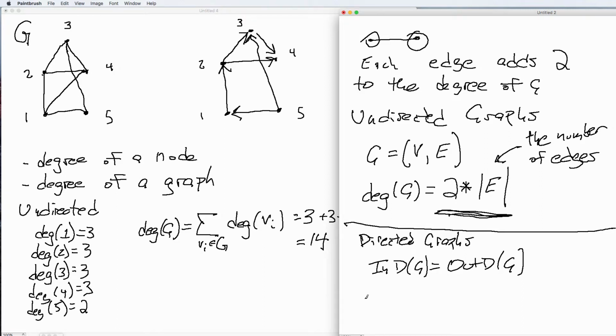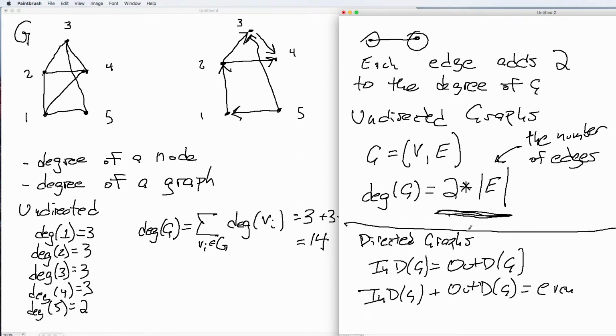So the thing that we know here is that the in degree of G plus the out degree of G is an even number. And why do we know it's an even number? Because these two numbers here are the same. If these are both even, adding them is even. If these are both odd, then the result is even. So this is a very, very interesting property to know.